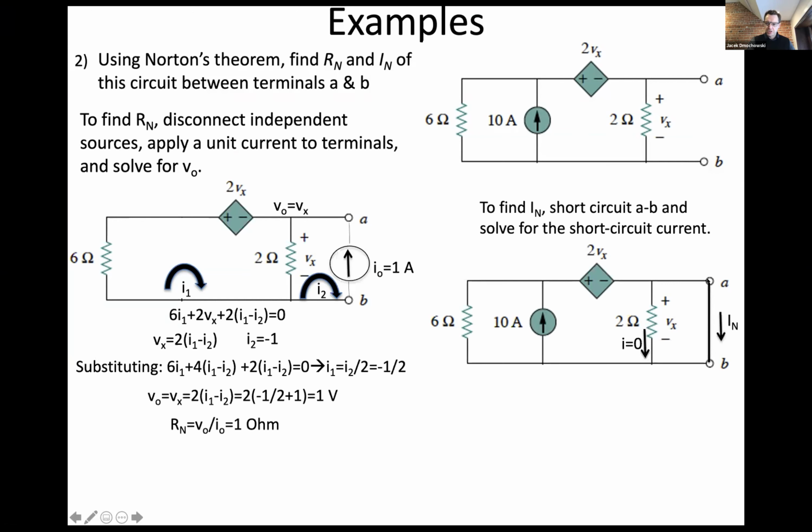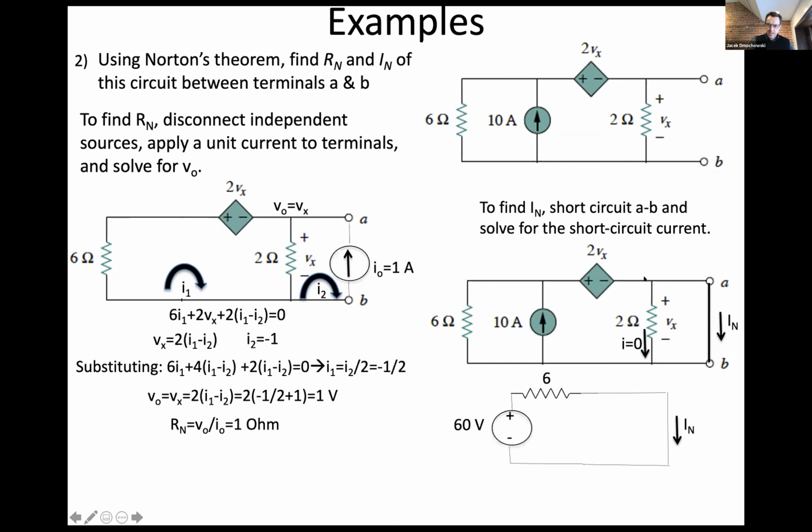Right, so we've short circuited A and B, which means that this 2 ohm resistor is dead. It's not drawing any current because any current that makes its way here will bypass the 2 ohm resistor and take the short circuit from A to B. So here, one thing to note is that Vx is equal to 0, which means that 2Vx is equal to 0, right?